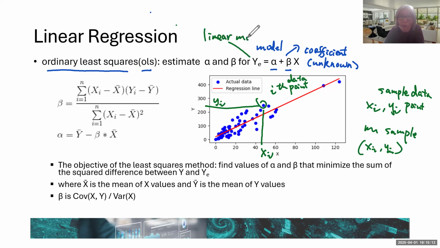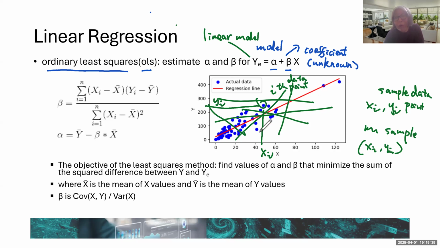It can be this green line, or this green line, or maybe this green line. So the coefficients can be any value.